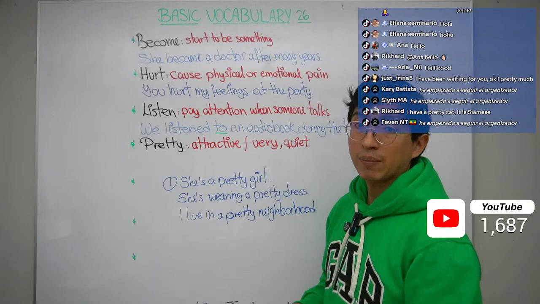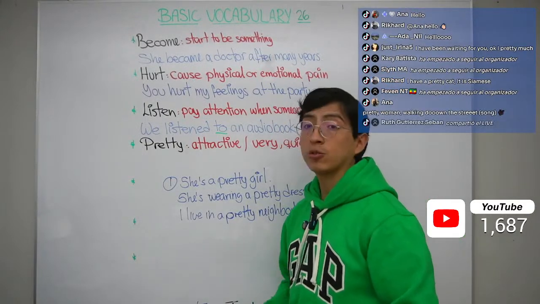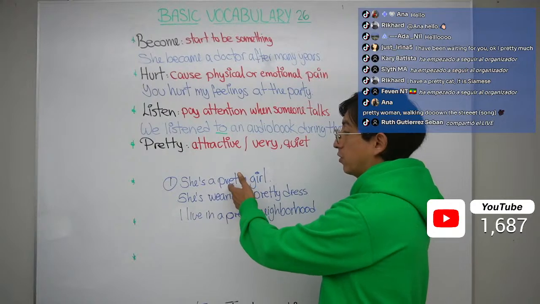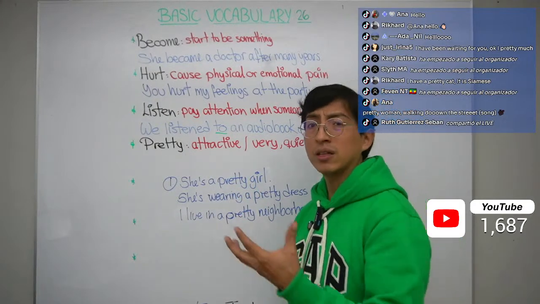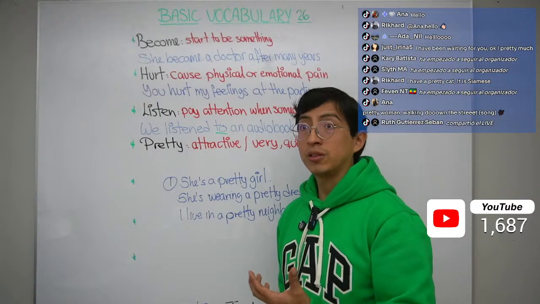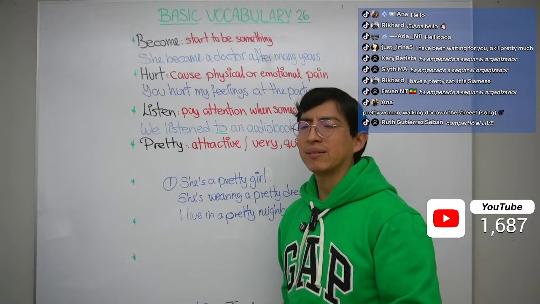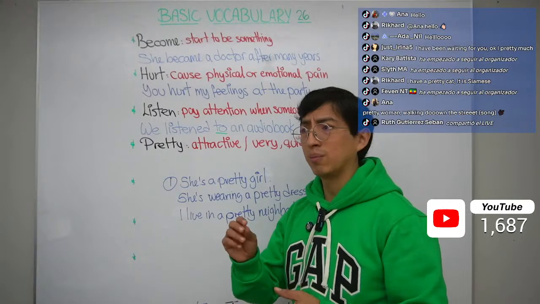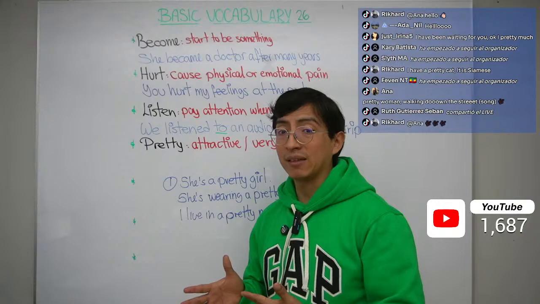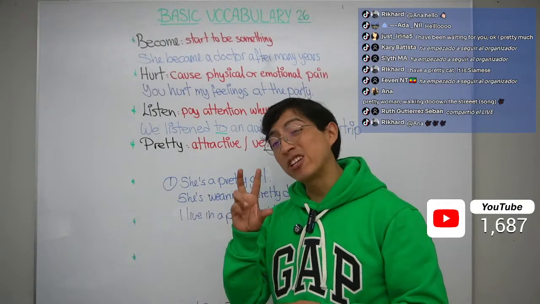So these are some examples of how you can use that, okay? Especially for girls. We can say pretty girl, pretty woman, pretty mother. But we never use this with boys, no? We never say pretty man. We can say pretty boy.